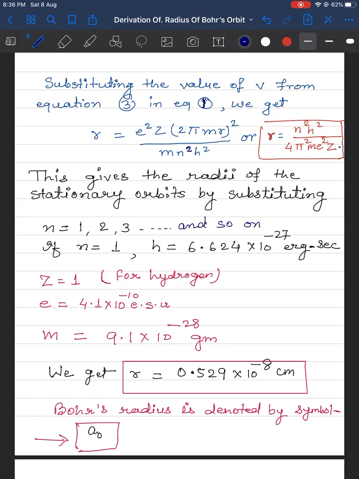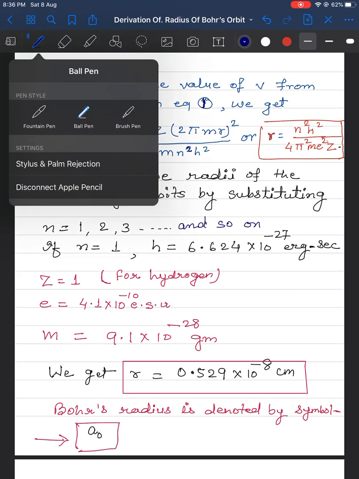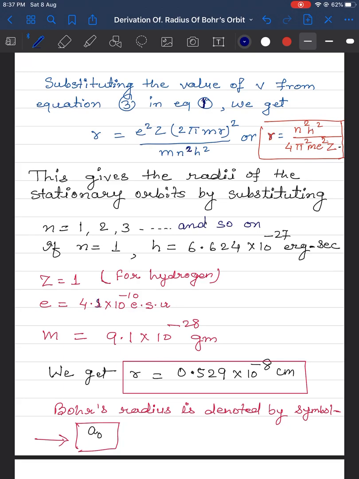If n is equal to 1, h is equal to 6.624 into 10 to the power minus 27 erg second, and Z is equal to 1 for hydrogen atom, and e is equal to 4.8 into 10 to the power minus 10 ESU, and m is equal to 9.1 into 10 to the power minus 28 gram.